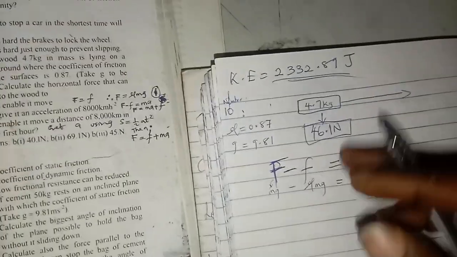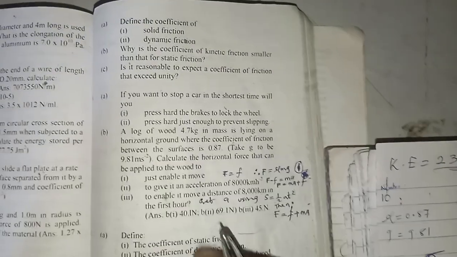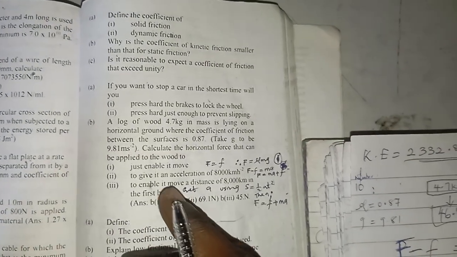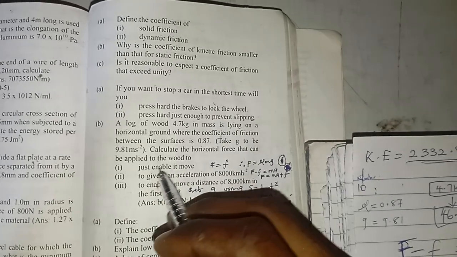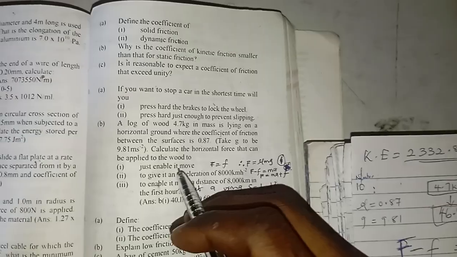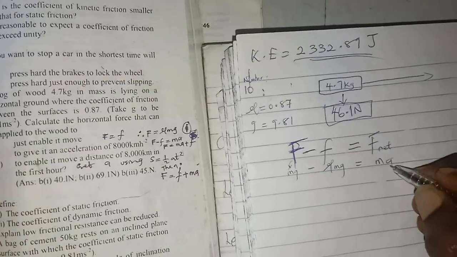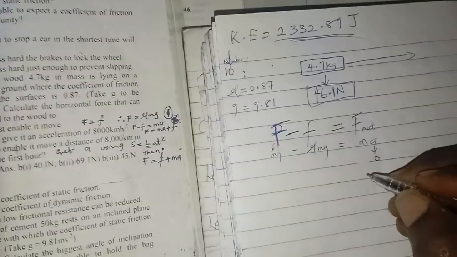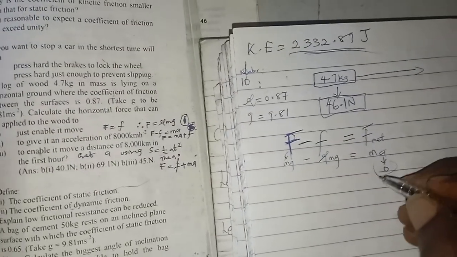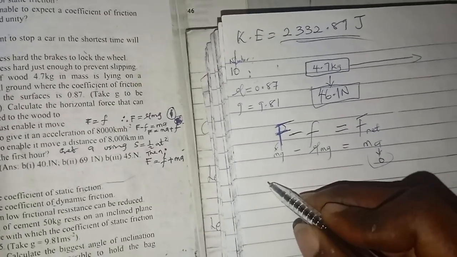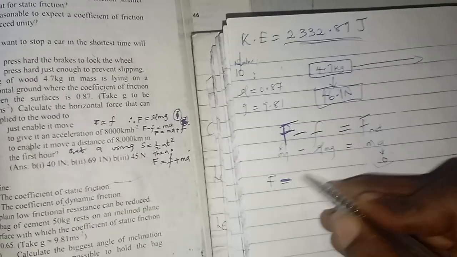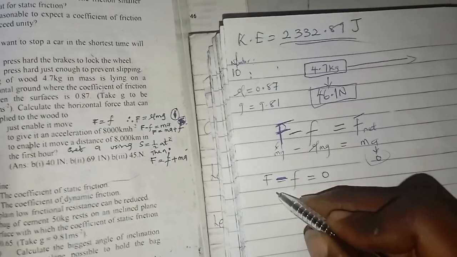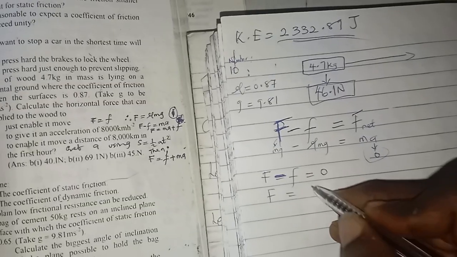So if I know this, let's go through the question again. For the log of wood, they want to calculate the horizontal force that can be applied to just enable it to move. I've told you in our first class, just to enable it to move, at that point this a is 0, which means everything here is 0. That means force minus frictional force equals 0, which means force will be equal to friction.